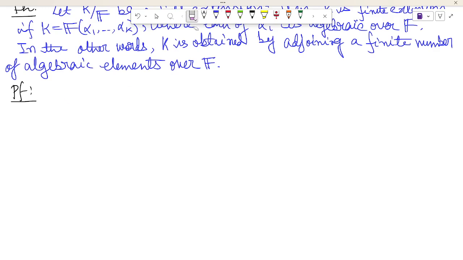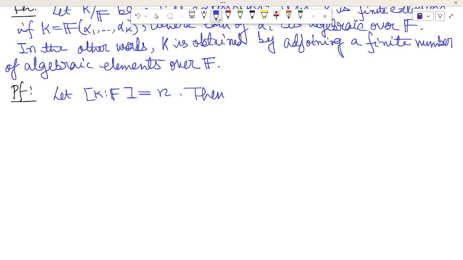So let me put the forward part here. This is a finite extension. Finite extension means what?